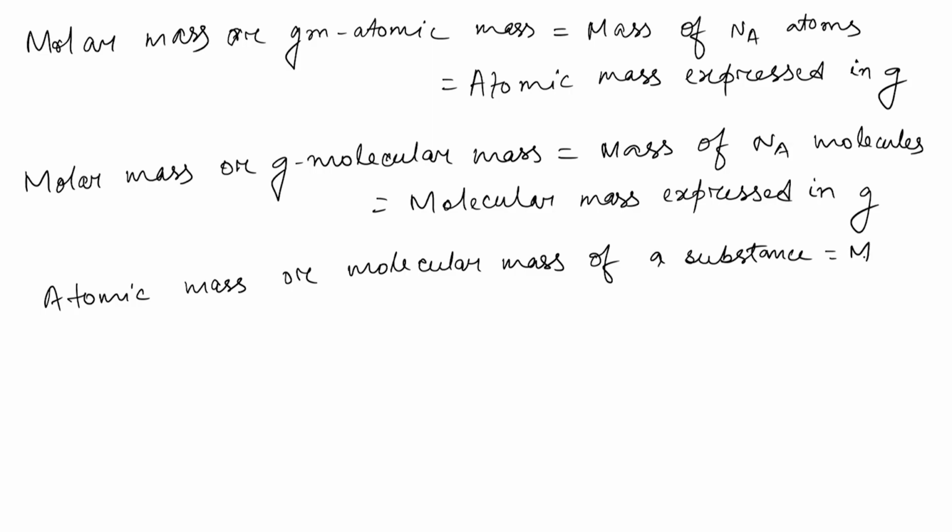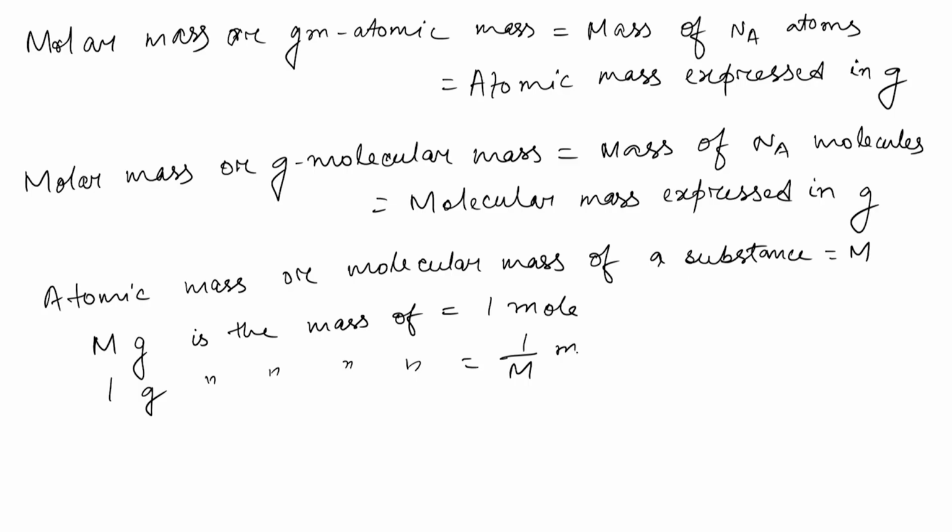If the atomic mass or molecular mass of a substance is m, then when we represent this in terms of grams, this becomes the molar mass, right? So, m grams is the mass of 1 mole. So, 1 gram is the mass of 1 by m mole.